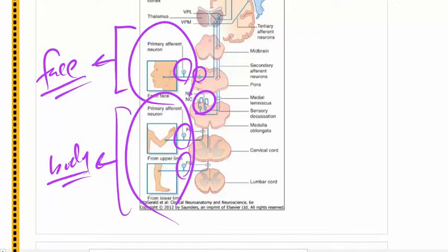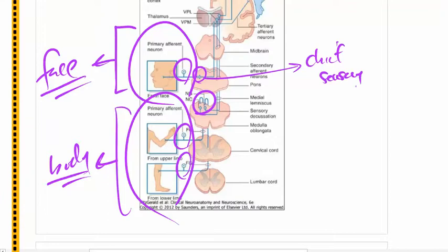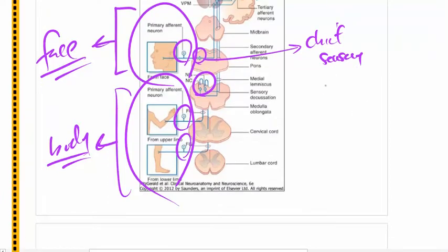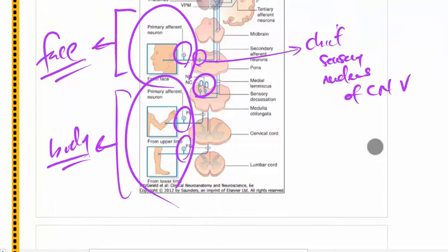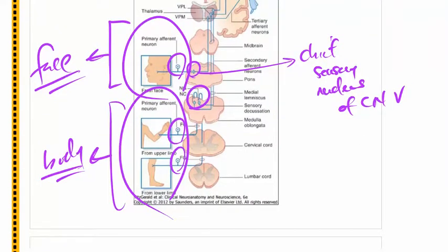But when you're looking at the face, it's going to be the chief sensory nucleus of cranial nerve 5.